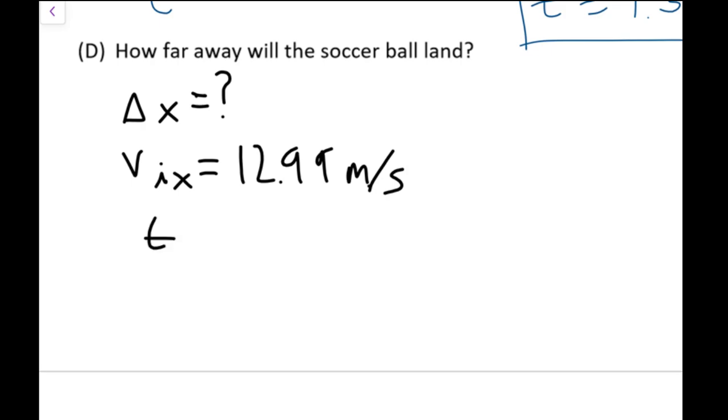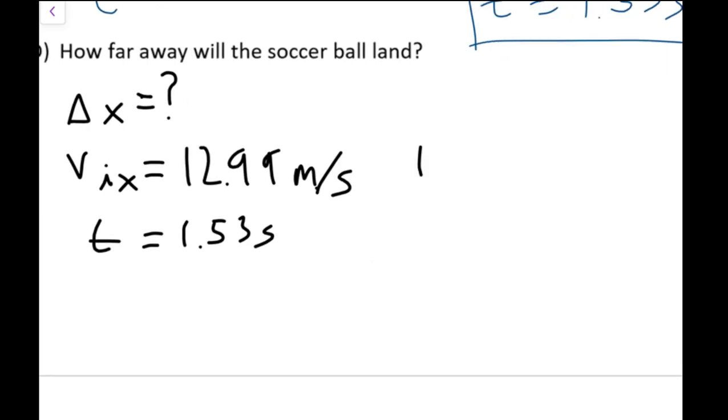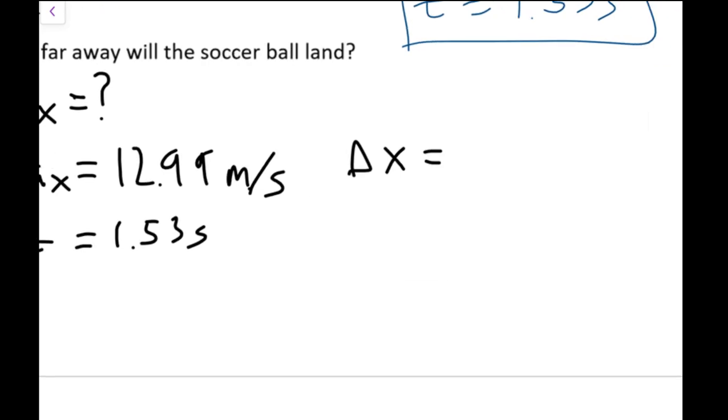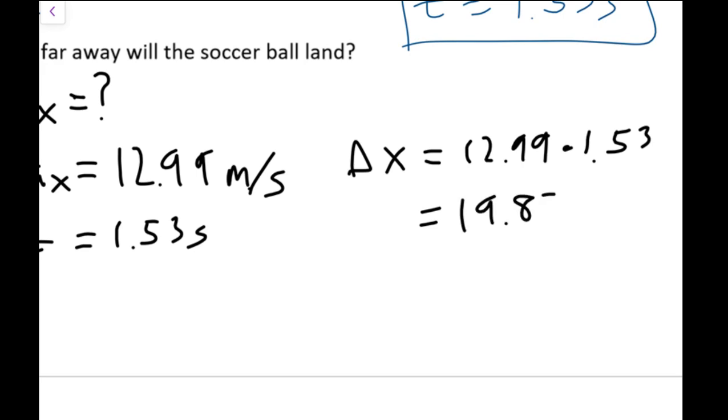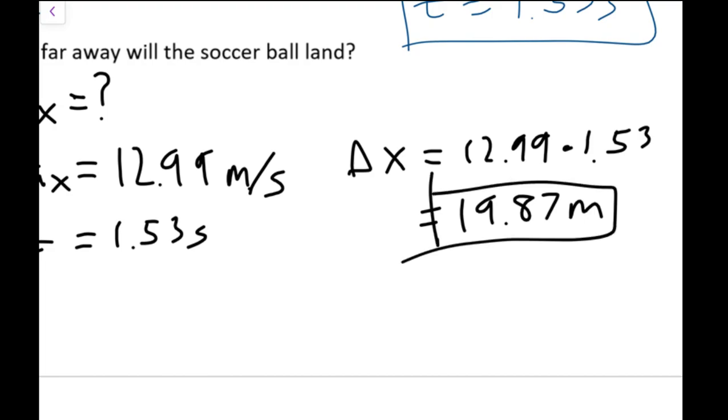If the time that it's moving is 1.53 seconds, as we found in part C, then the distance it goes in the x direction is simply velocity times time: 12.99 meters per second for 1.53 seconds, or 19.87 meters. And that's how you do the angled launch problem.